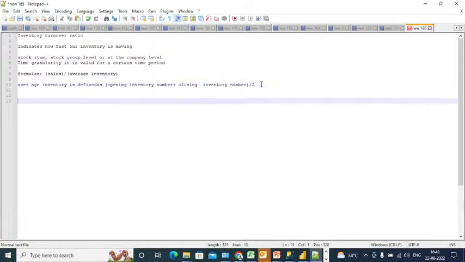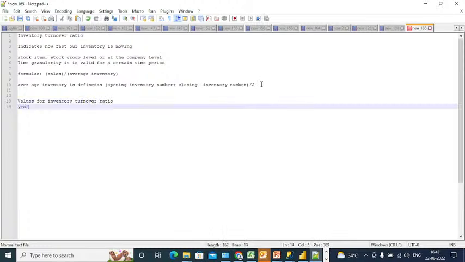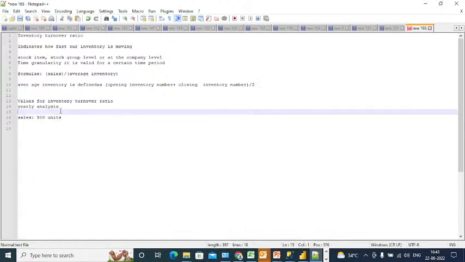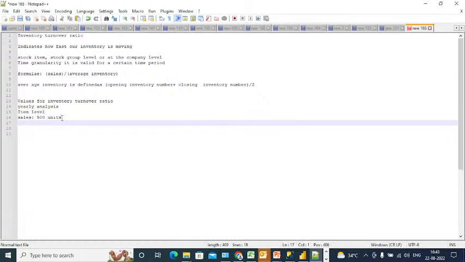Now what should be the values for inventory turnover ratio? Suppose I am doing a yearly analysis. My sales is 500 units, and I am doing the analysis at the item level. My opening inventory is 20 units.